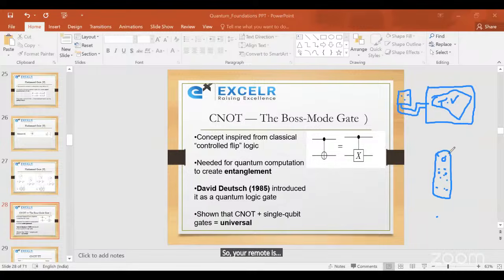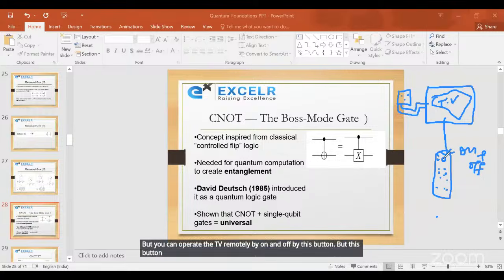Your remote has a button of on and off, and you can operate the TV remotely with this button. When you press this button, the TV goes to the on mode, and when you press it again, the TV goes to the off mode.